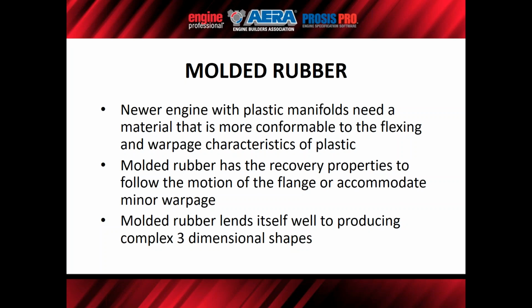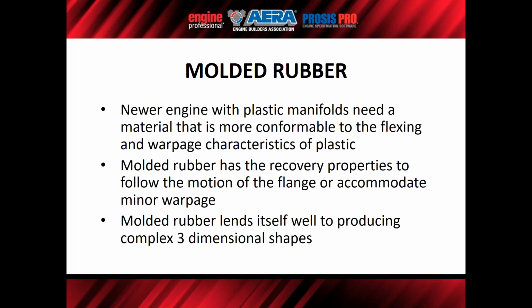As it would warp, it would lift up and unload the gasket to the point where the coolant crossover area would start leaking coolant. That particular manifold had other issues that would leak coolant, but basically the warpage of the plastic becomes an issue. So you need some kind of molded rubber that could keep up and accommodate that warpage.